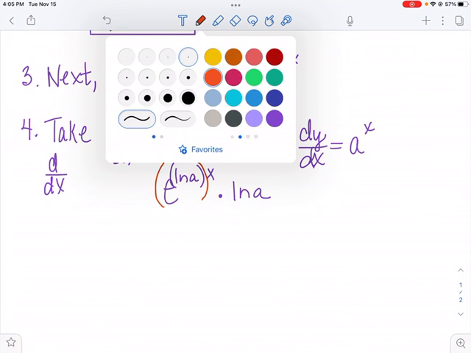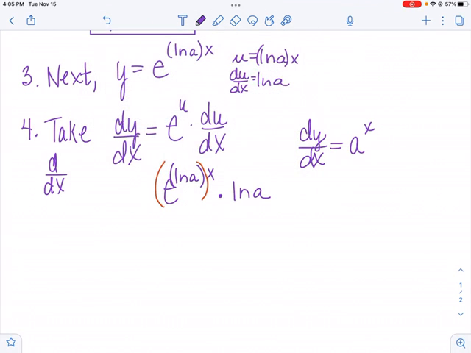So we would have a to the x, times ln of a. And that's the derivative of a to the x. The derivative with respect to x of a to the x is equal to this.